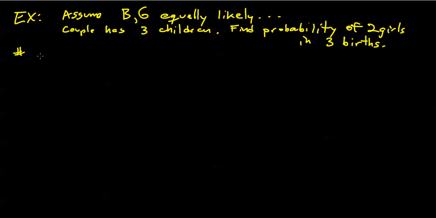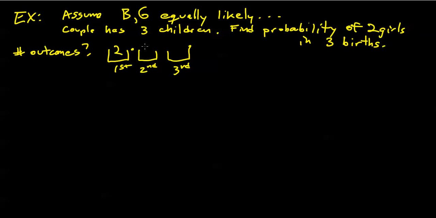Well, the first thing you have to ask yourself is, what is the number of possible outcomes allowing any child to be of any gender in any order? Well, let's see. Just like in the 2-child case, we've got a first child and a second child and a third child. Right?